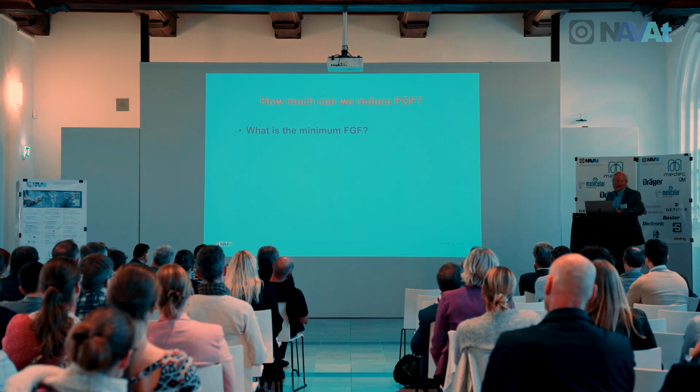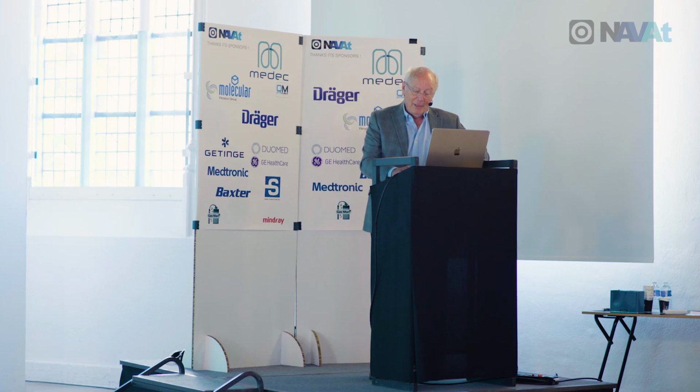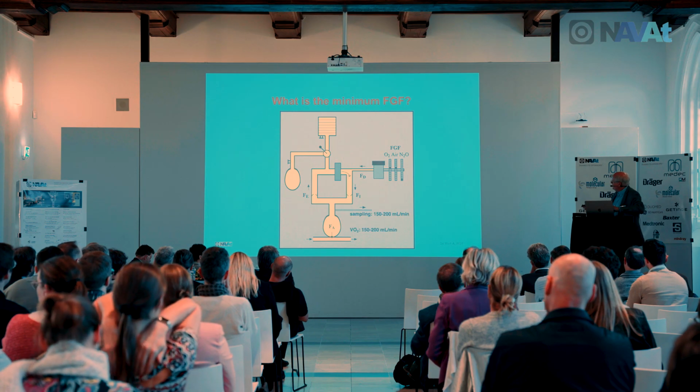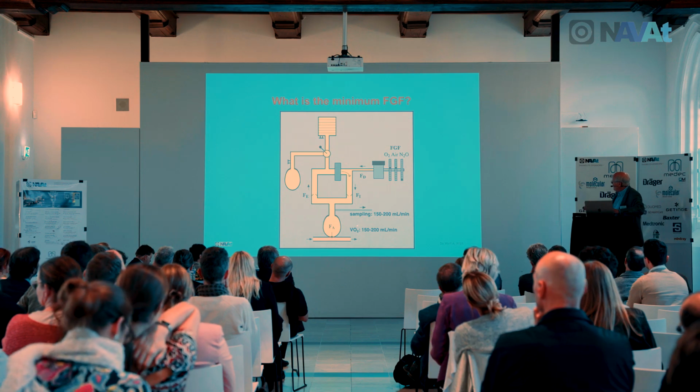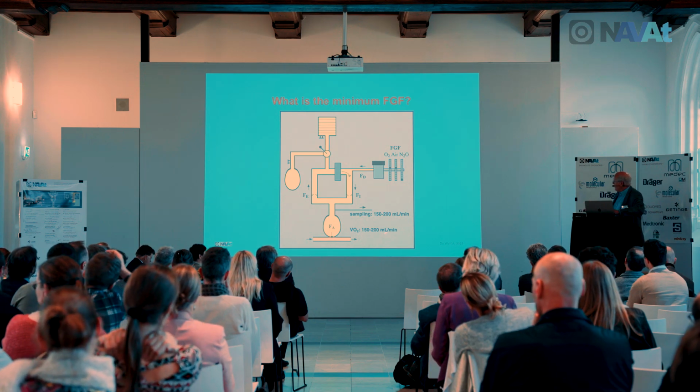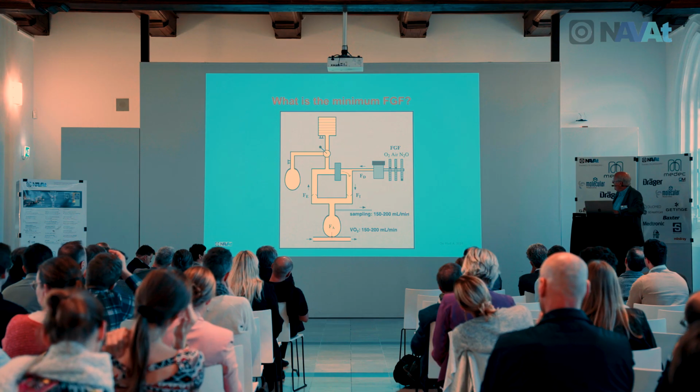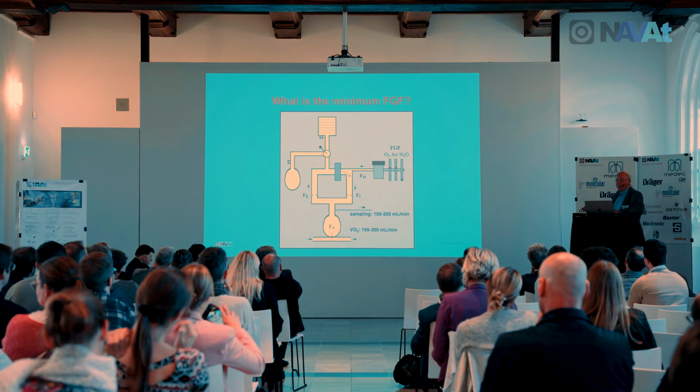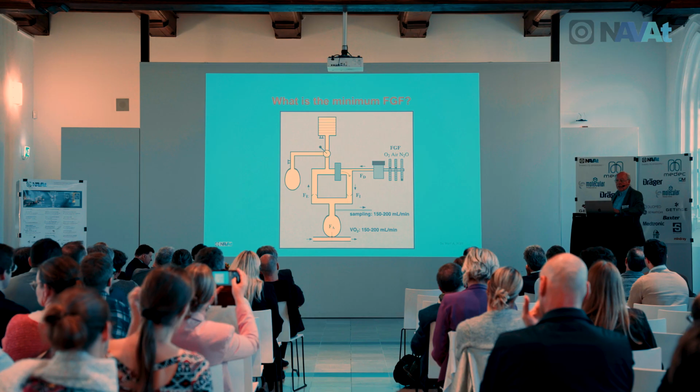Question is, what is the minimum fresh gas flow? How low can you go? And Jan has talked about it several times in these meetings. But the minimum fresh gas flow has to at least equal the amount of oxygen that the patient takes up and has to replace the gases that are being sampled by the gas analyzer.